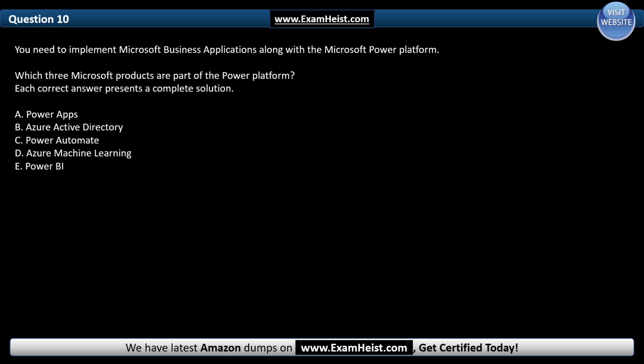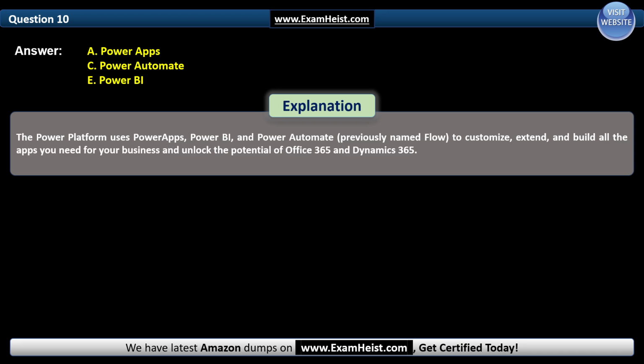The correct options are A, C, and E. That is Power Apps, Power Automate, and Power BI. The Power Platform uses Power Apps, Power BI, and Power Automate to customize, extend, and build all the apps you need for your business and unlock the potential of Office 365 and Dynamics 365.